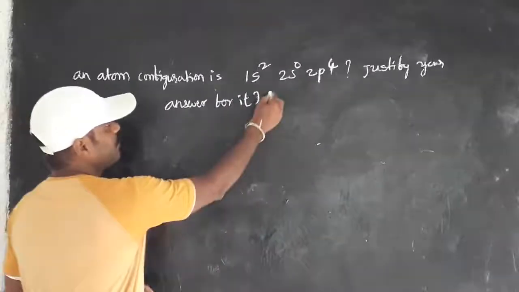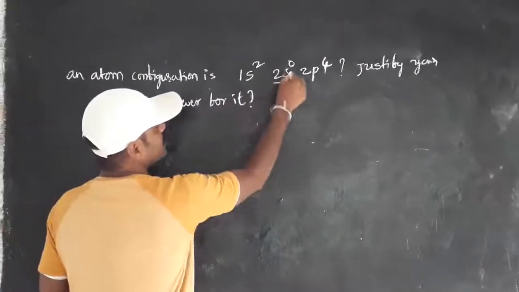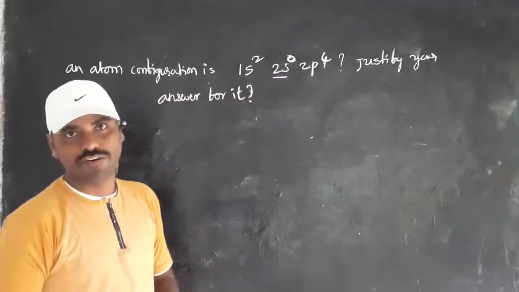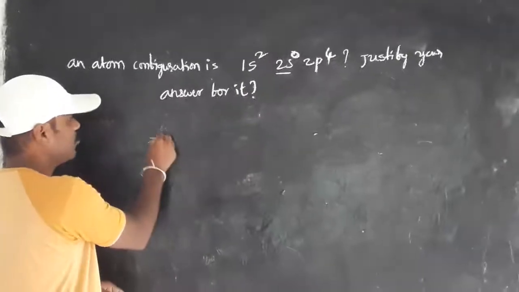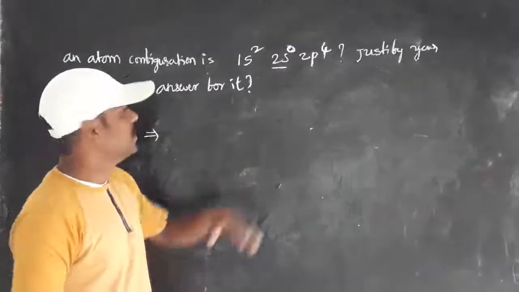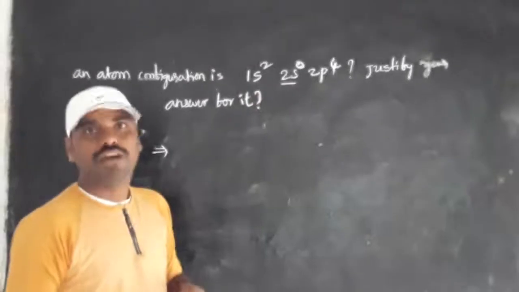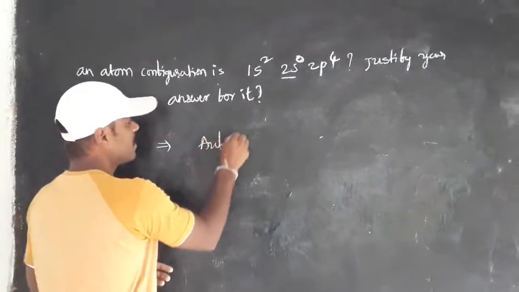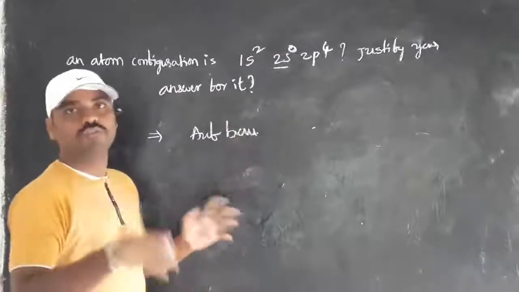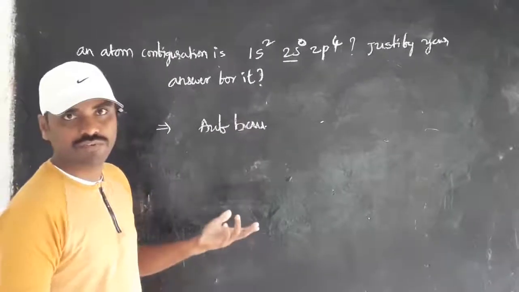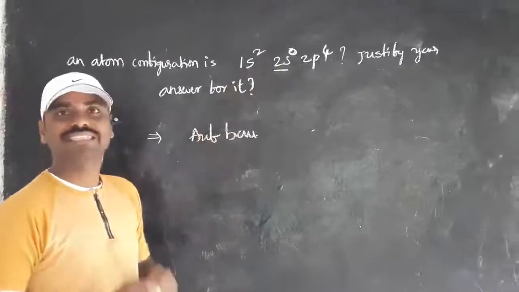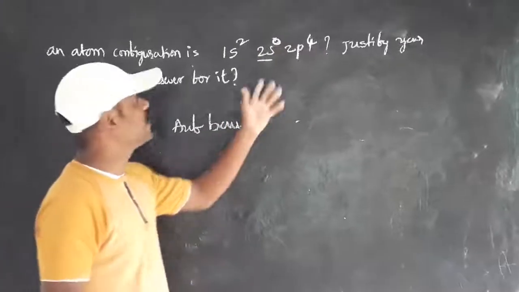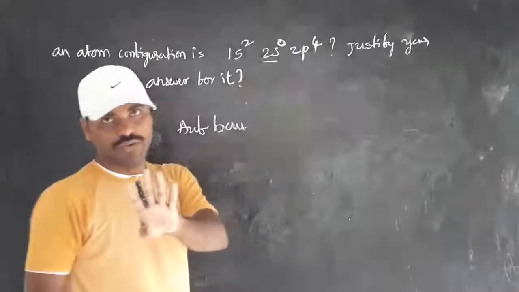For that, if you take a look, here 2s does not have any electrons. So it is against the Aufbau principle. So here we have to write that it is against, or it is overcoming, the Aufbau principle. It is overcoming means it is not following the Aufbau principle. Moreover, the given configuration is incorrect because here the 2s orbital is not filled, but the 2p orbital is filled with 4 electrons.